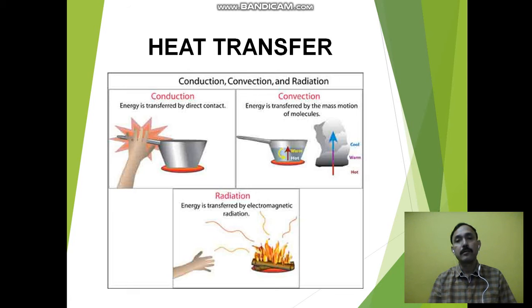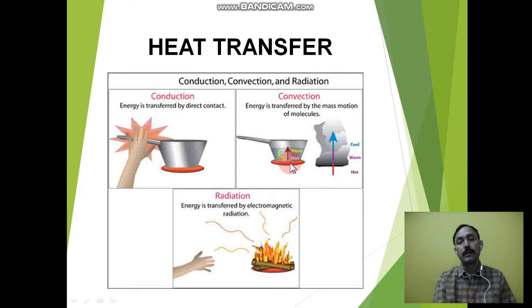Next part is convection. Energy is transferred by the mass motion of the molecules. Here in this pan, say water is being heated. Initially, at the bottom surface, heat is supplied.